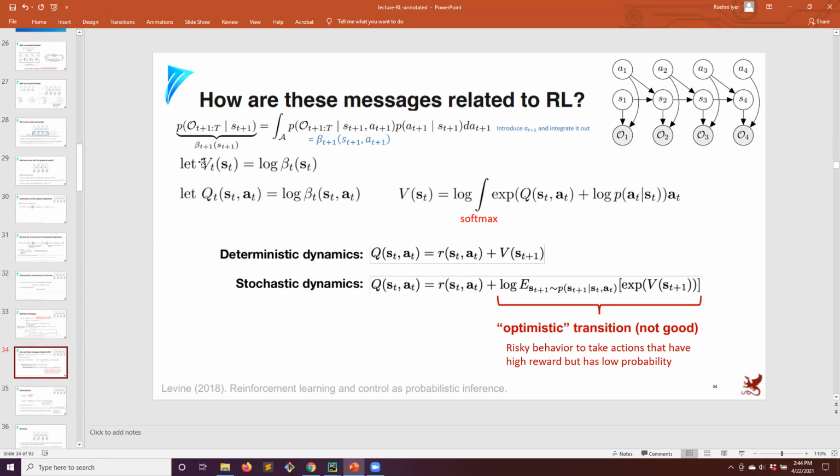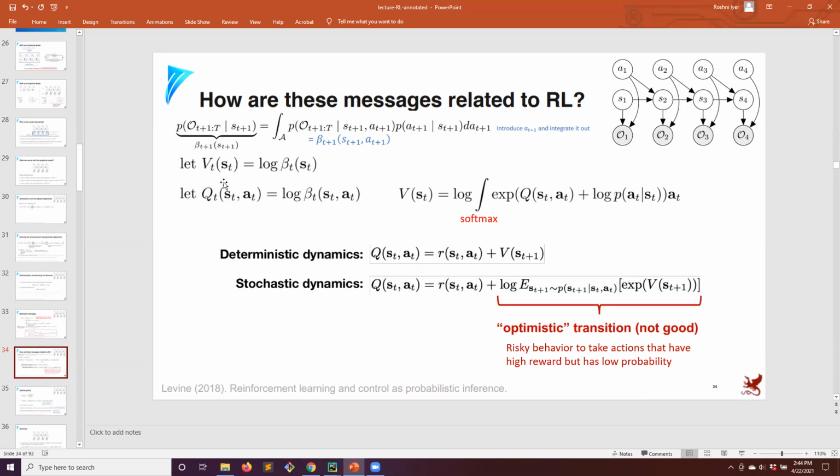And now this is where the value functions and the Q functions come into the picture. Let us make the relationship between those and the backward messages as follows.